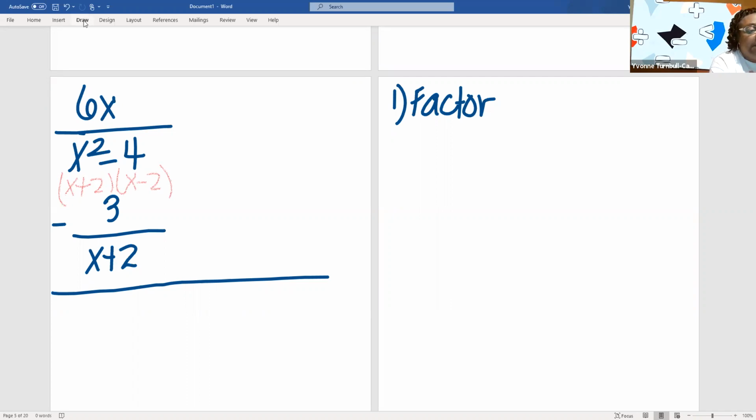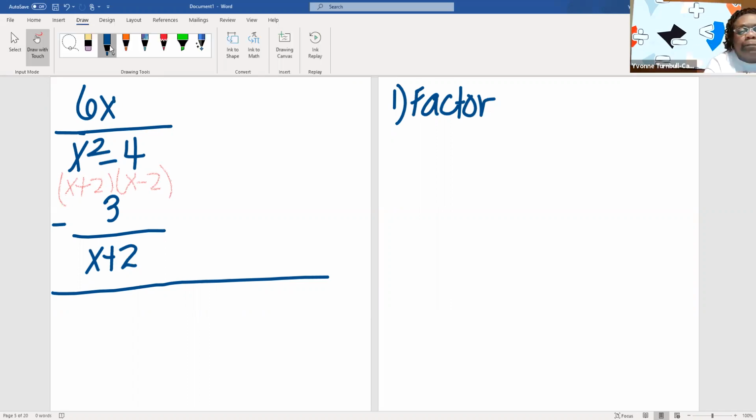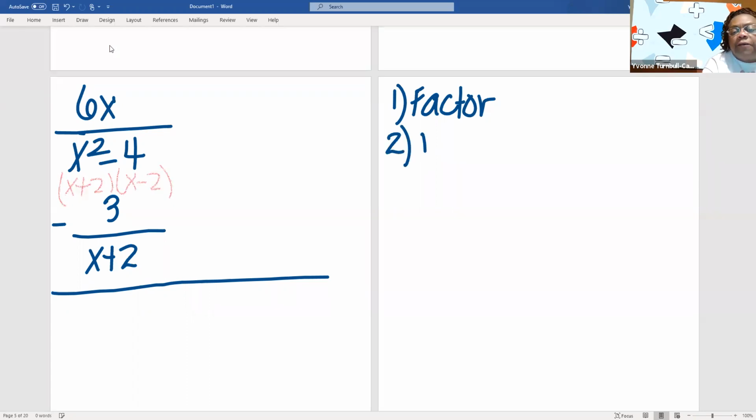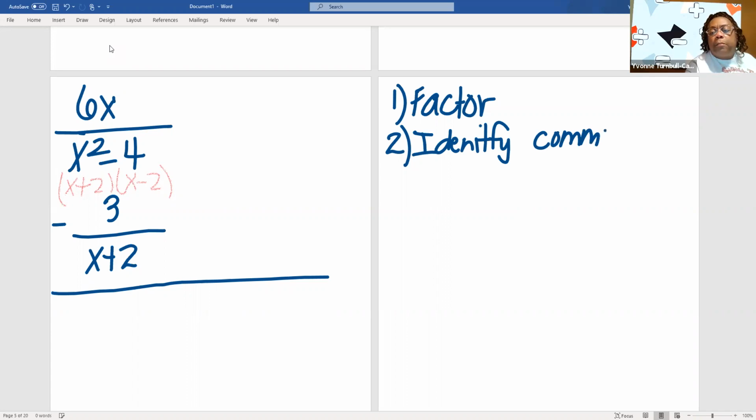Now I see that I'm going to identify common factor.